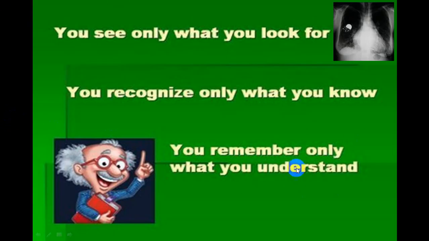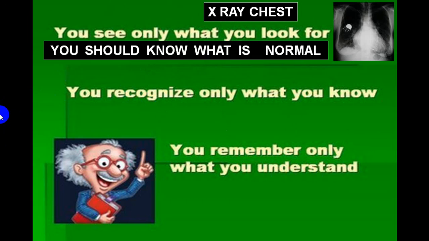Again, I'll try to make it as simple as possible so that you can understand very well. Once you understand what you are going to look for, you will remember and you will try to recognize whenever you look at the X-ray chest, and you will be able to differentiate between what is normal and what is abnormal.